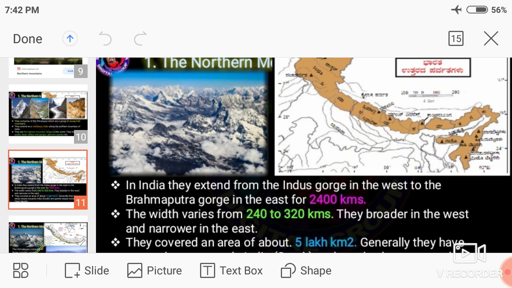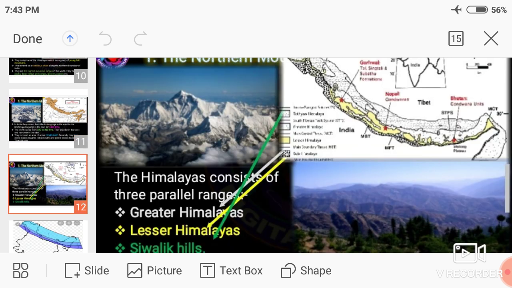They cover an area of about 5 lakh square kilometers. Understand? And the northern mountains are classified into three parallel ranges.